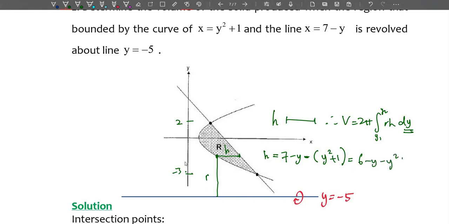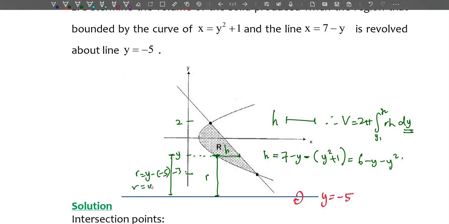How about R? This is the radius. The radius will be the distance from this point to the axis of rotation. So let's say we rename this as y. The distance between this y and the axis of rotation would be R equal to any value of y here minus negative 1.